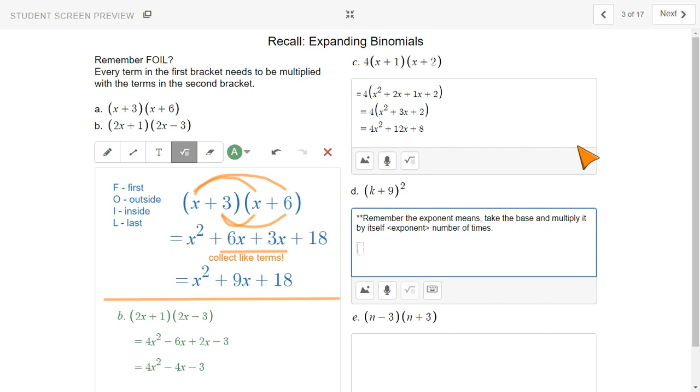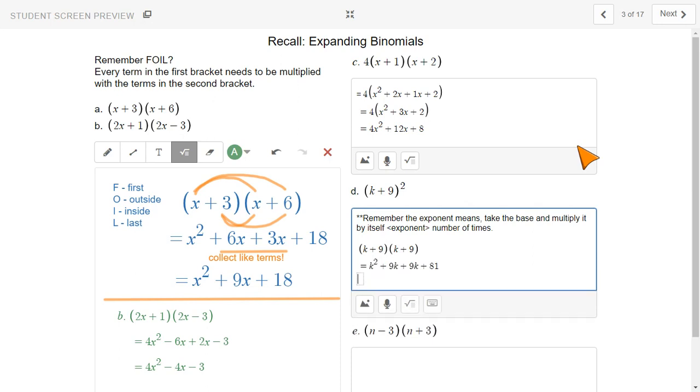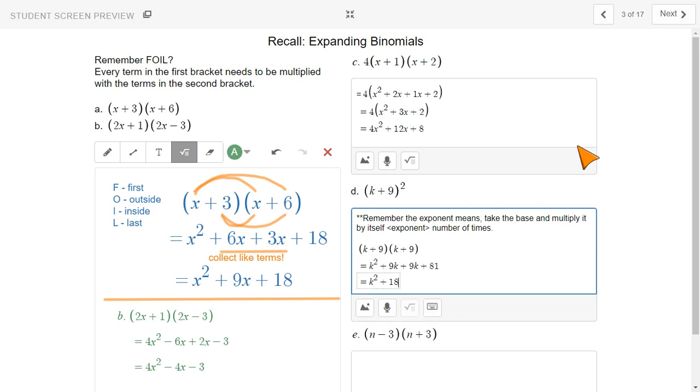So since it's exponent 2, I know that I'm going to have 2 bases multiplying itself. k plus 9 times k plus 9. When I expand it, we have k squared plus 9k plus 9k plus 81. Collect our like terms, k squared plus 18k plus 81.